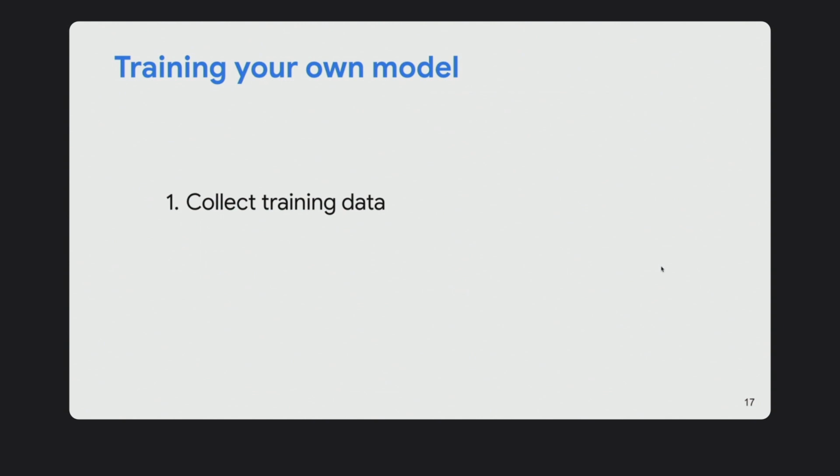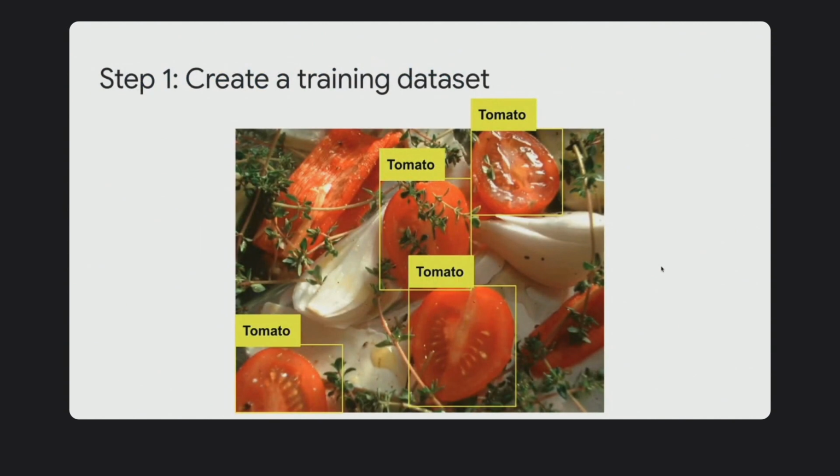In order to train your own custom model, there are 2 steps that you have to take. The first one is to collect and label your training data. And the second step is to write code to train your model using the training data that you have collected. The first step, collecting and labeling training data, is probably the most tiring part of the whole journey.